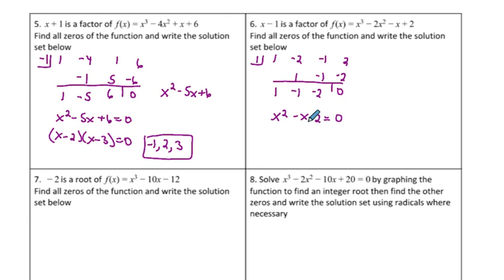And when we factor that, that factors out to x plus 1, x minus 2 equaling 0, giving our full solution set for our zeros of negative 1, 1, and 2. I just like to put them in numerical order.